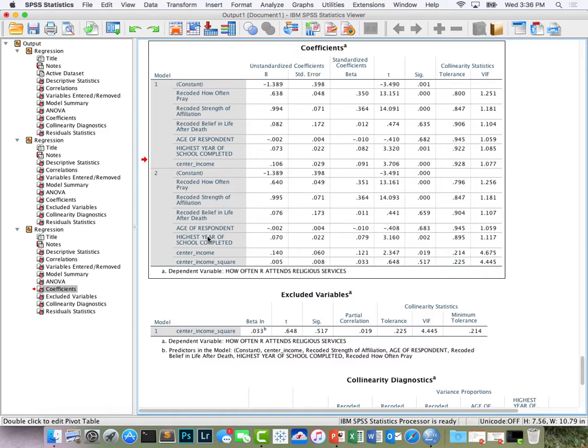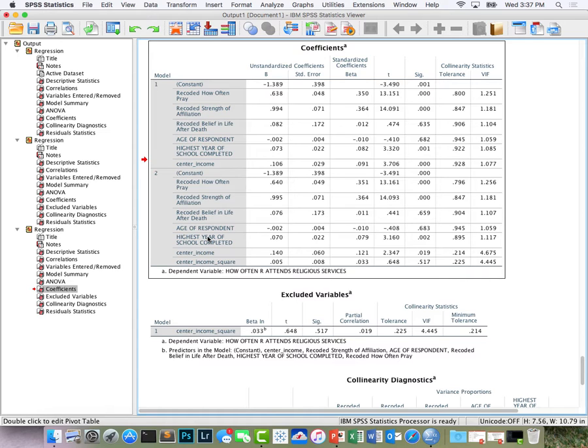That caused problems with the estimation, as identified by the low tolerance level. The standard way to fix that is to center your variable and then create the nonlinear term from the centered variable.